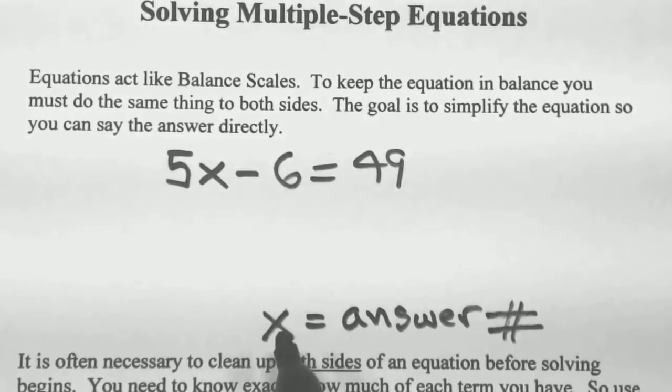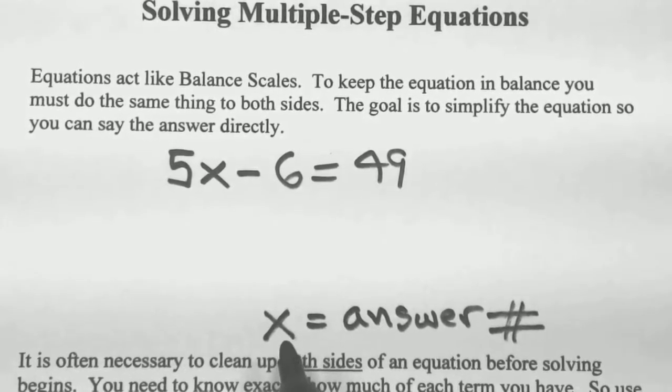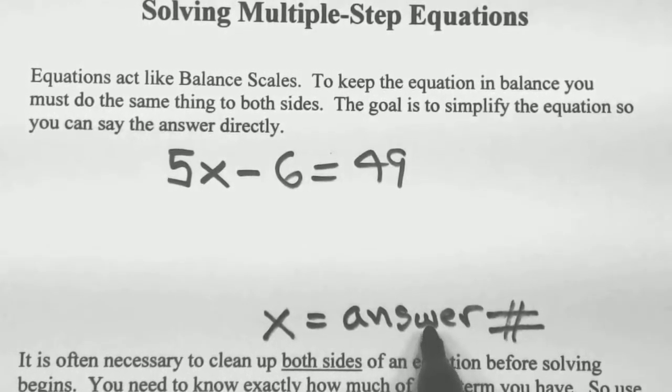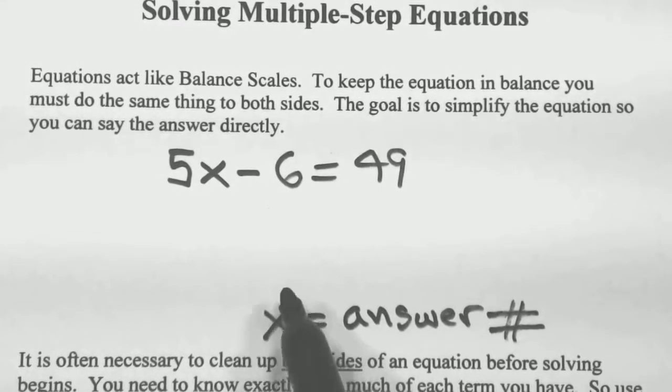What this tells us is that we want just terms with x on the left and just terms with numbers on the right, and we can use this as a guide to see who we've got to move to do the solving.